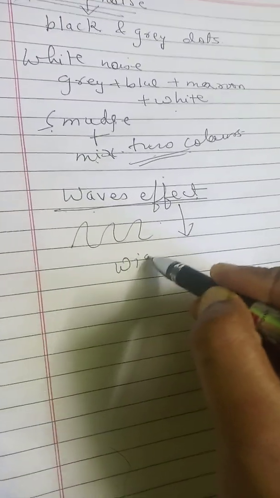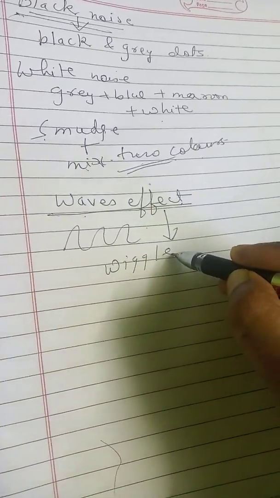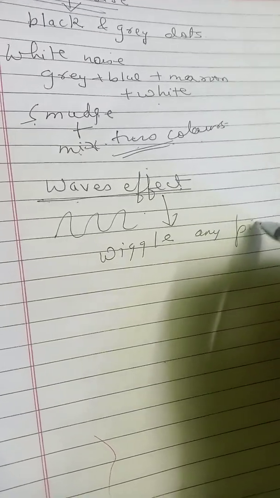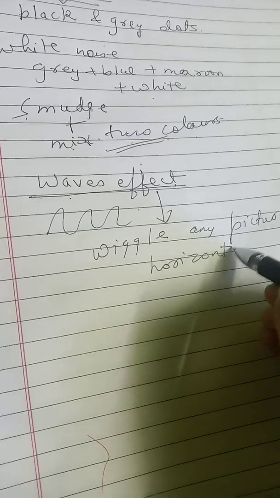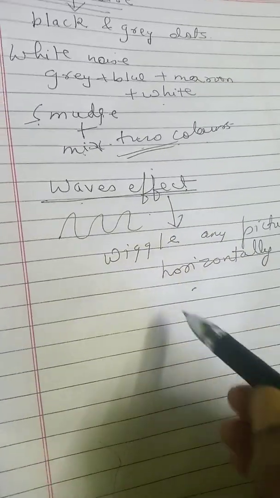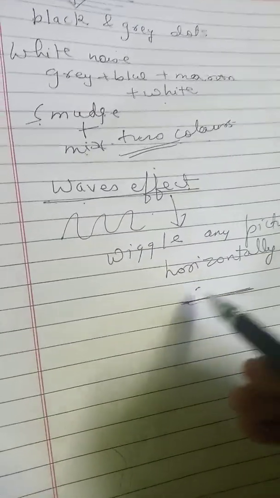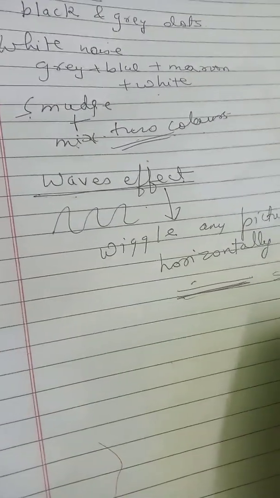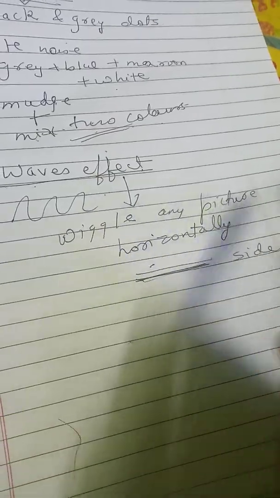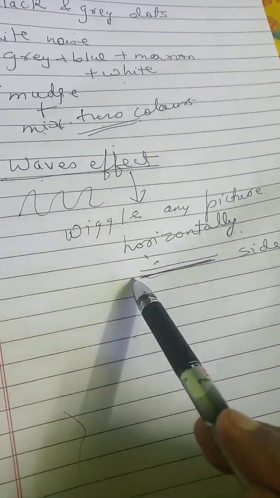So what does wave effect do? It wiggles any picture horizontally. Horizontally means this, okay? Side to side. It wiggles any picture horizontally, means side to side, like this.